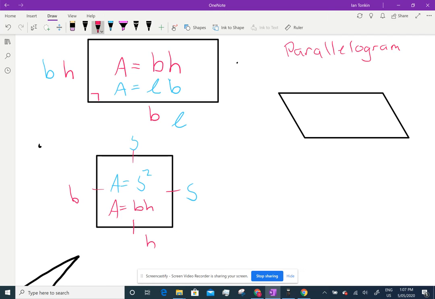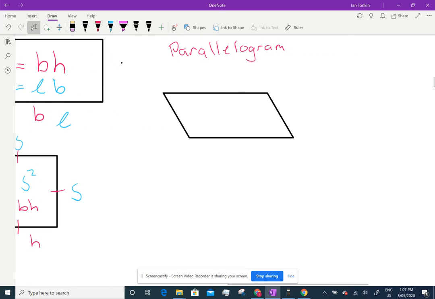And a parallelogram is a special shape. It's a quadrilateral. And it has a perpendicular height there. And this side is parallel to this side, and this side is parallel to this side. Hence, this side and this side are equal, and this side and this side are equal.